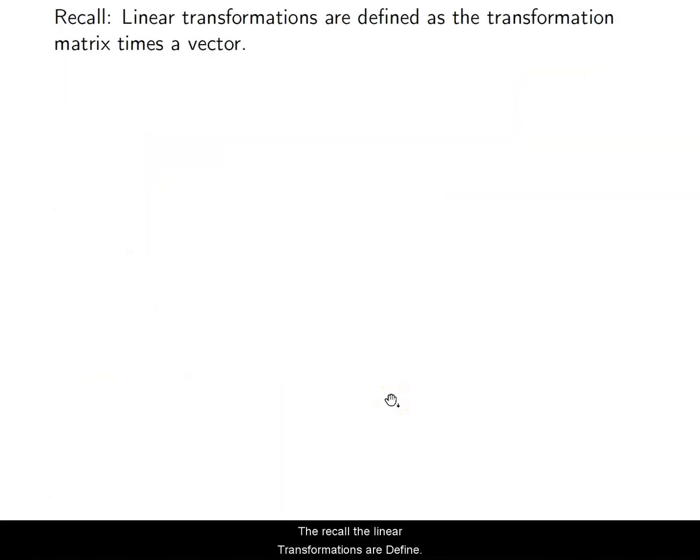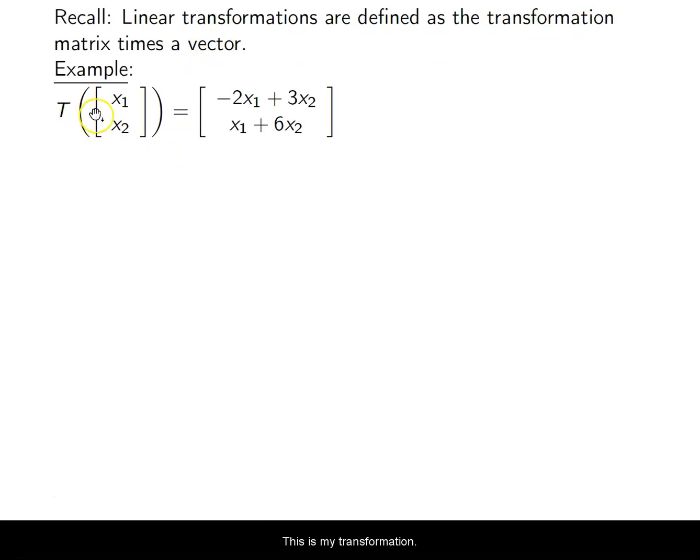All right, so recall that linear transformations are defined as the transformation matrix times a vector. Our transformation matrix, we're calling the matrix A. Okay, so an example. If this is my transformation defined by this, right? I plug in a vector in R2, I get out a vector in R2 because this has two entries.